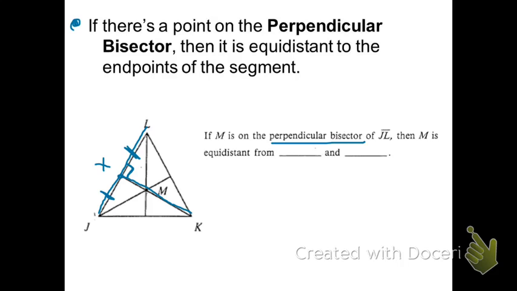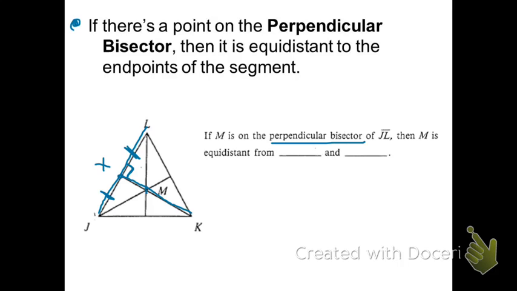And just think about it: if you look at point X, that's equidistant to J and L. And as we move up the perpendicular bisector, it's moving farther and farther away, but going straight up from the side JL, it's still going to be equidistant from points J and L. So any point on the perpendicular bisector XM is going to be equidistant from J and L.